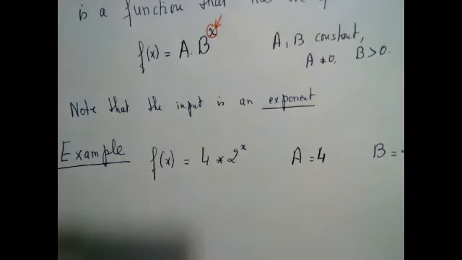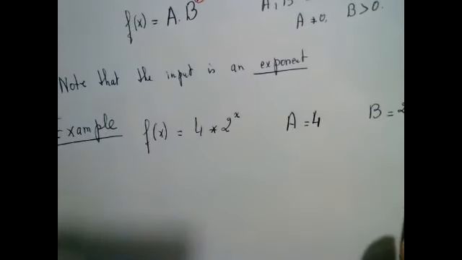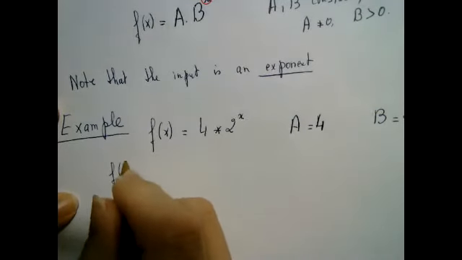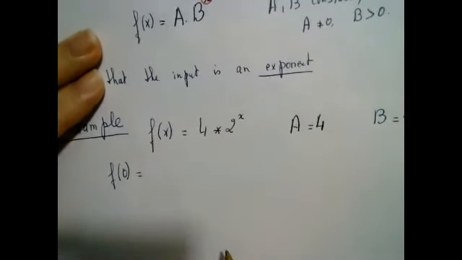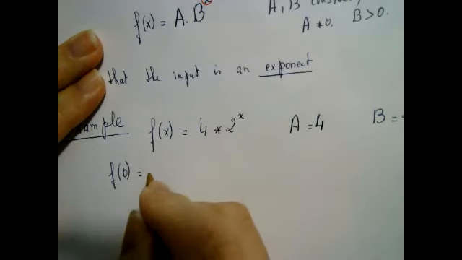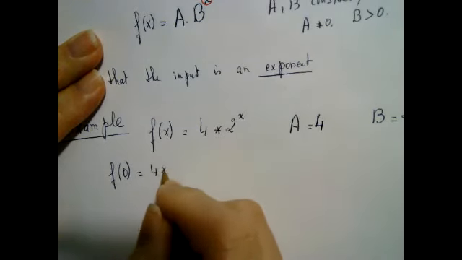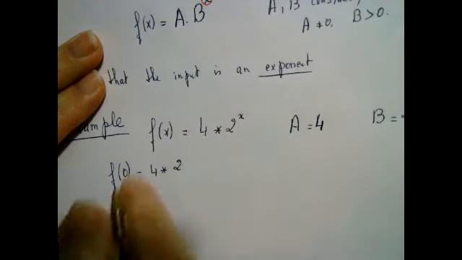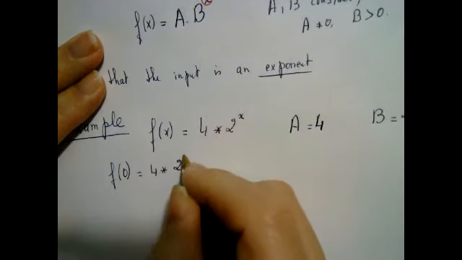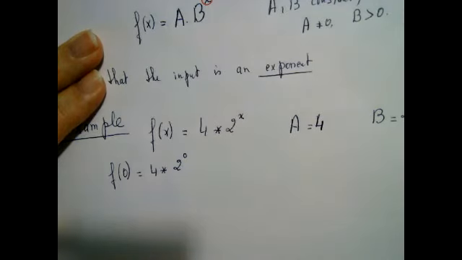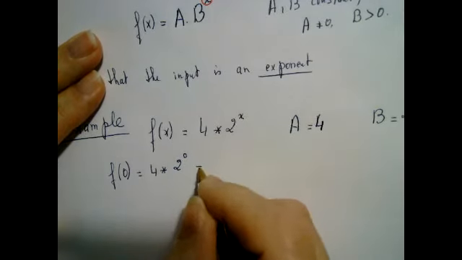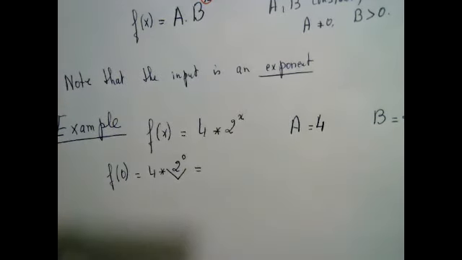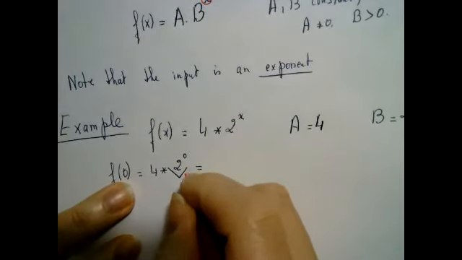Okay, so let us evaluate this. Let us evaluate f of 0. Evaluate a lot of them, then we understand how they work. So f of 0 is 4 times 2 to the 0, remember, x is an exponent. Anything to the power 0 is 1.